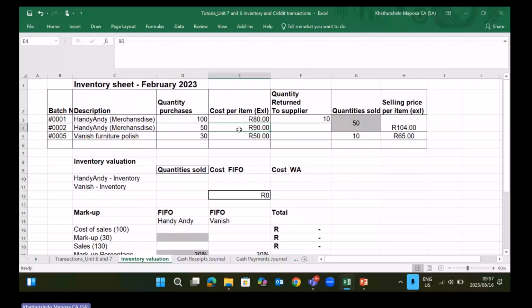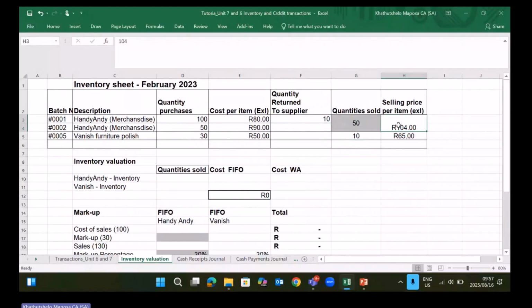Then from batch number one, 10 were returned to the supplier where we bought them. From all the batches, we have sold 50 Handy Andies and 10 Vanishes. The Handy Andies we sold for 104 rands each, and the Vanishes we sold for 65 rands each.